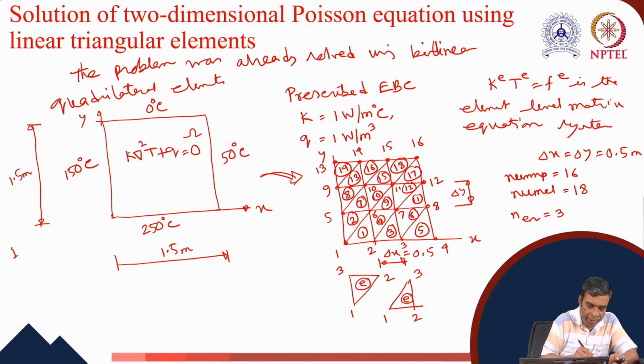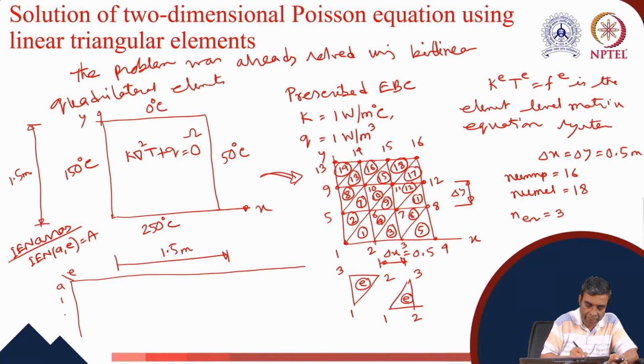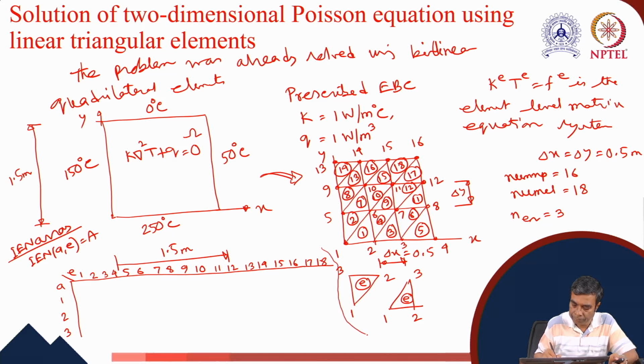Now we generate the IEN array. IEN(A, e) equals capital A, where here we have e, here we have A. A is varying from 1 to 3. Our number of elements is 1 to 18.